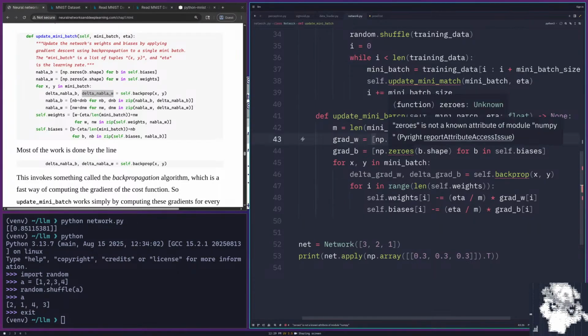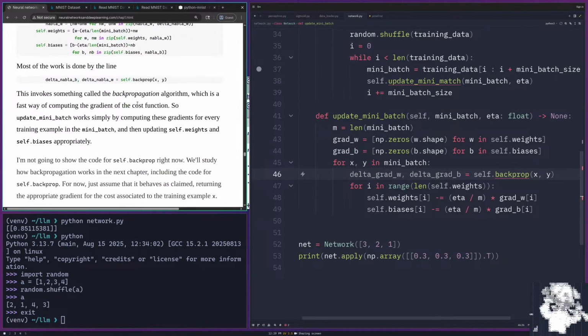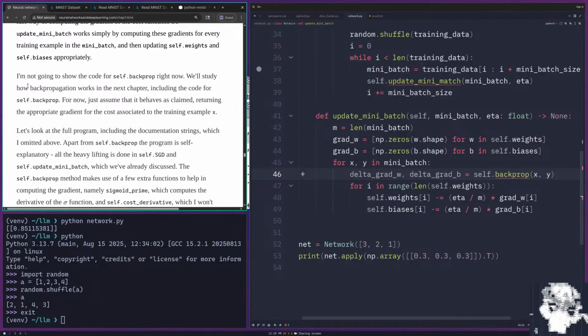Oh, because it's spelled differently. Okay. Most of the work is done by the self.backprop. This invokes... oh yeah, we already read this.